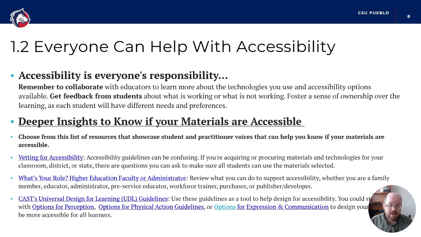Remember, accessibility is everyone's responsibility. We should all collaborate with colleagues to learn more about accessibility technologies and options available. A sense of ownership over the learning experience ensures that each student has their different needs and preferences addressed.